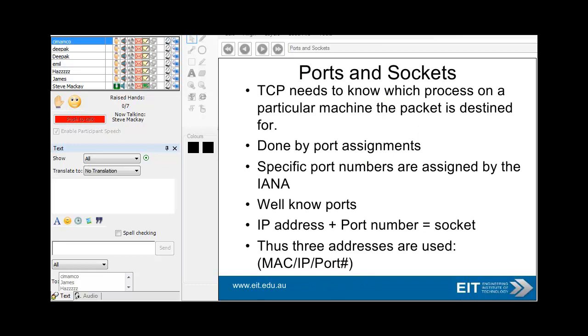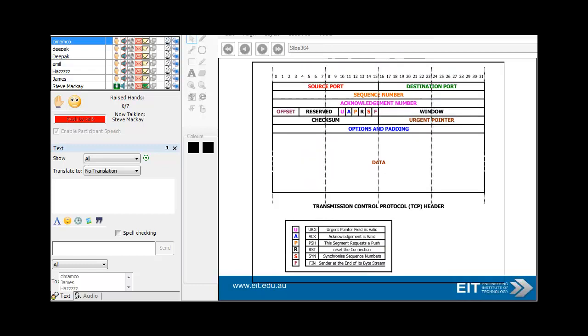The other sort of addressing, which is not really an address, is a port. For example, the Modbus protocol has a particular port. So there are 3, if you can call them addresses: the MAC address, the IP address, which is 192.168.0.1, and then a port number, which relates to the protocol used.